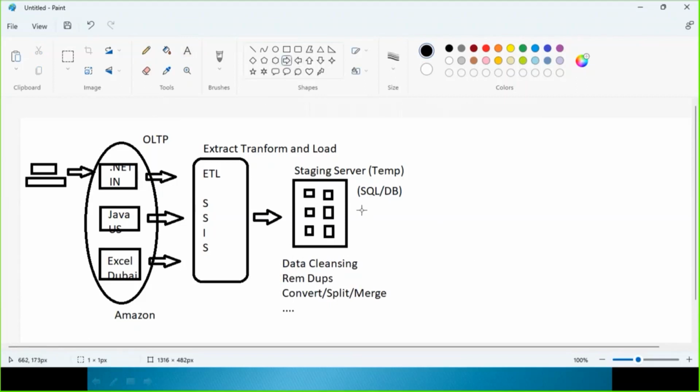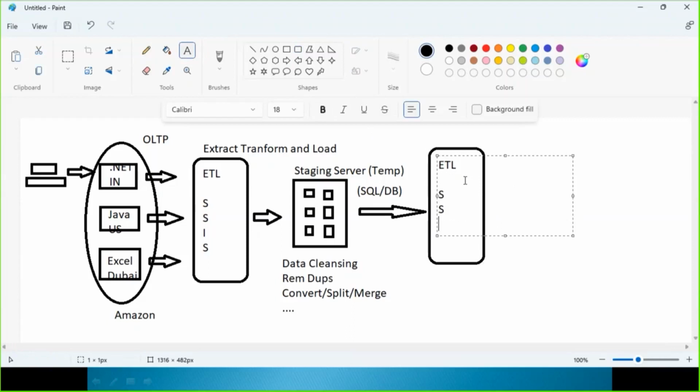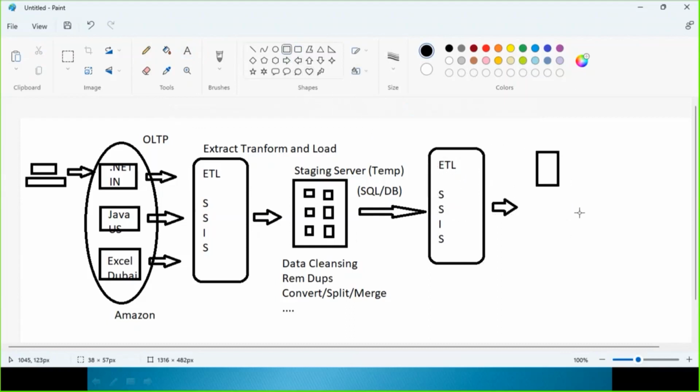All cleaned data from this server. This is a computer. Server means a computer. From this server, again, with the help of one more ETL process, again SSIS is going to be used. Again, take the data from this server, and all the data will be loaded to a final server, a final computer.